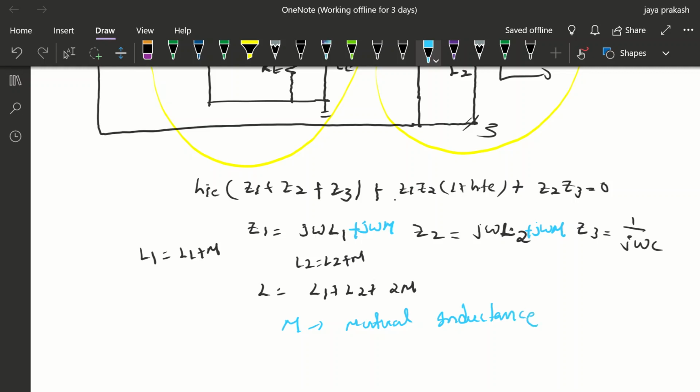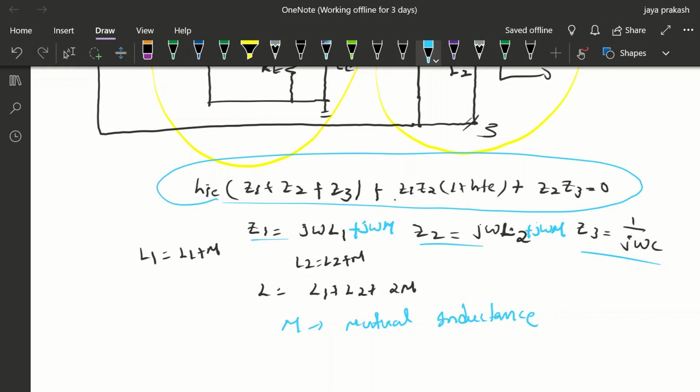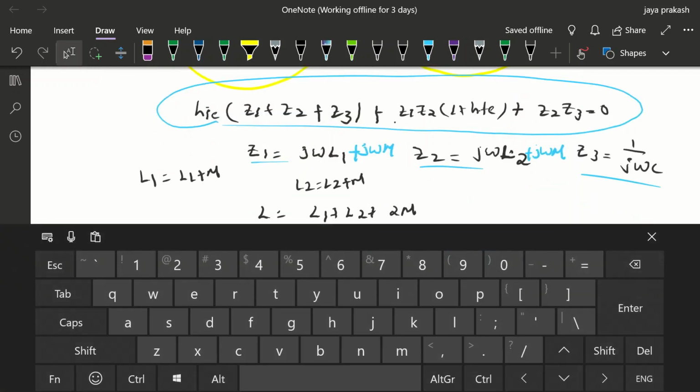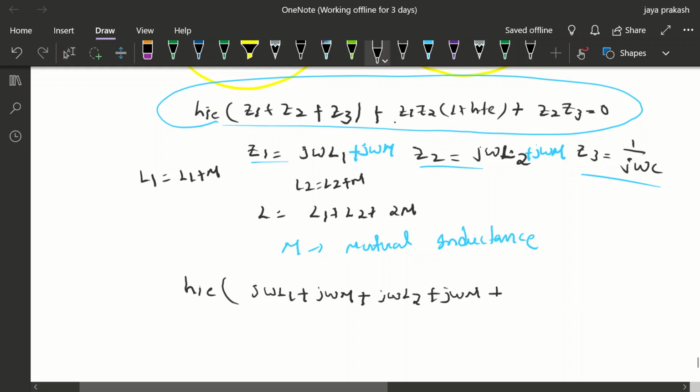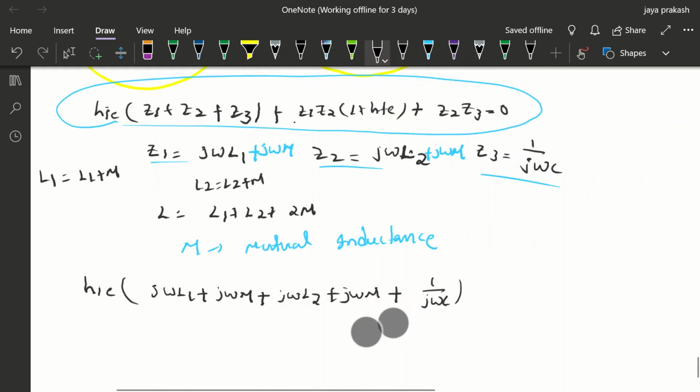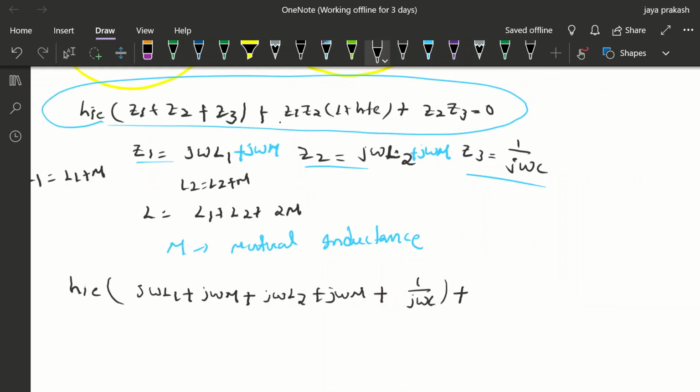Now Z1, Z2 and Z3 are replaced in this general equation of an LC oscillator. Then HFE into, in place of Z1, j omega L1 plus j omega M, in place of Z2, j omega L2 plus j omega M, in place of Z3, 1 upon j omega C, plus Z1 into Z2.